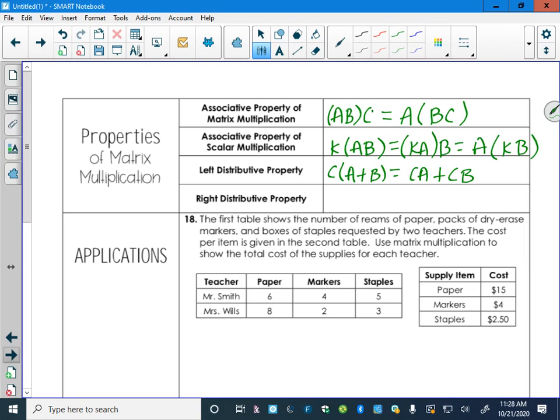And the right distributive property just means a C would be at the end, and that would be AC plus BC.